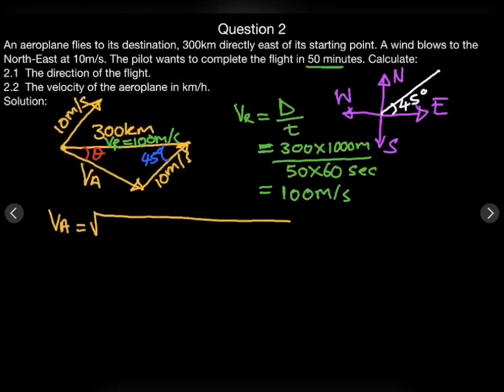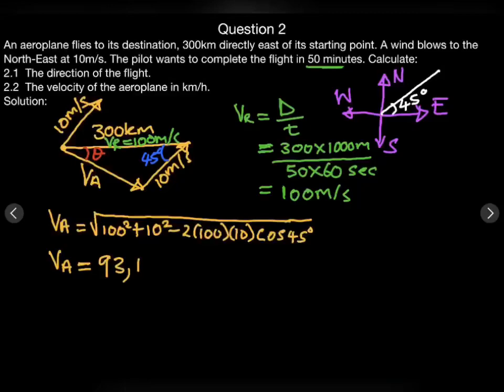So VA is going to be the square root of 100 squared plus 10 squared minus 2 multiplied by 100 multiplied by 10 multiplied by cos 45. That's how we calculate the velocity of the plane.